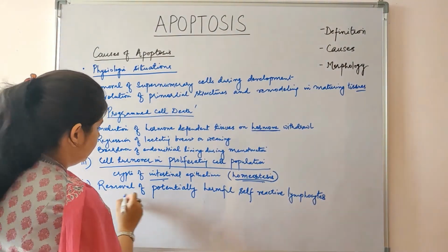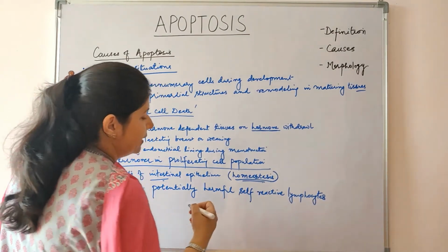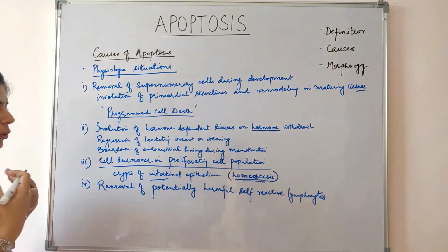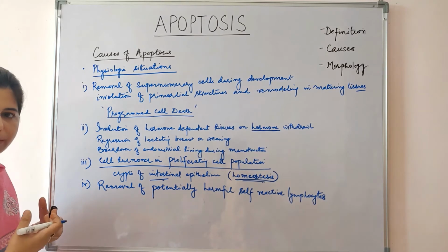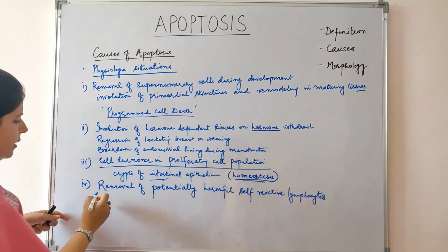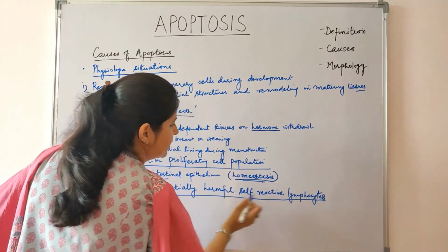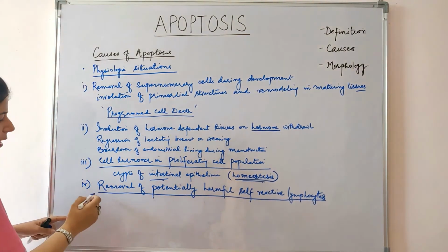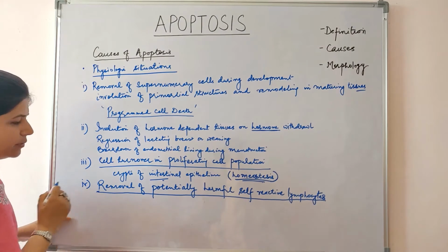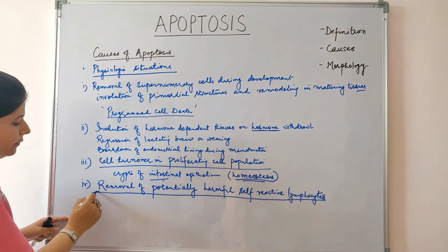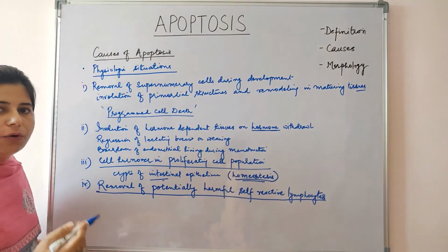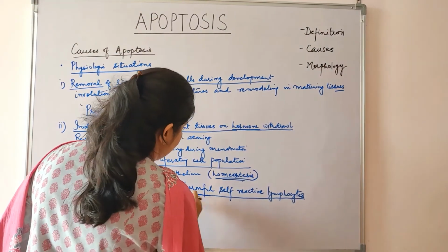These self-reactive lymphocytes can produce immune reaction against one's own cells. So their removal occurs by apoptosis. If the mechanism of apoptosis is defective at this level, what will happen? It can lead to autoimmune diseases.